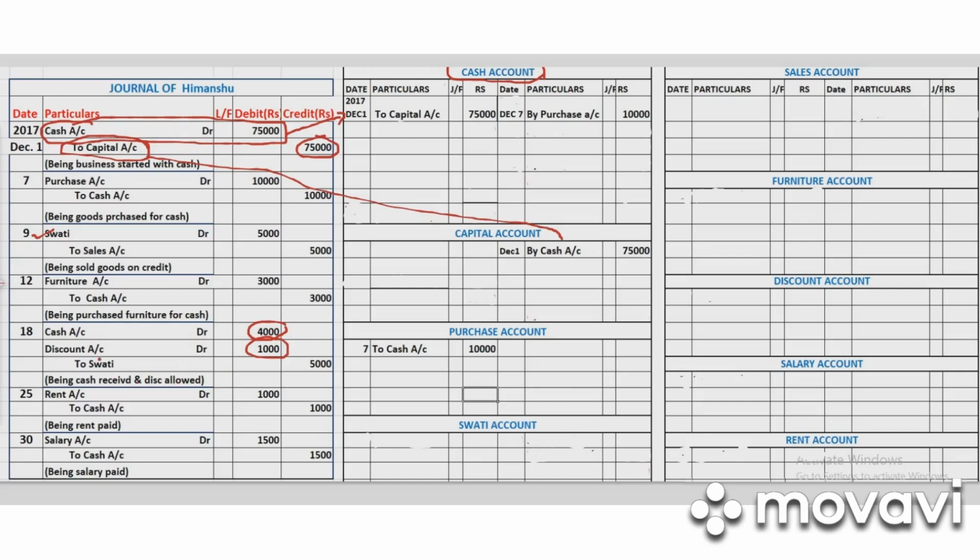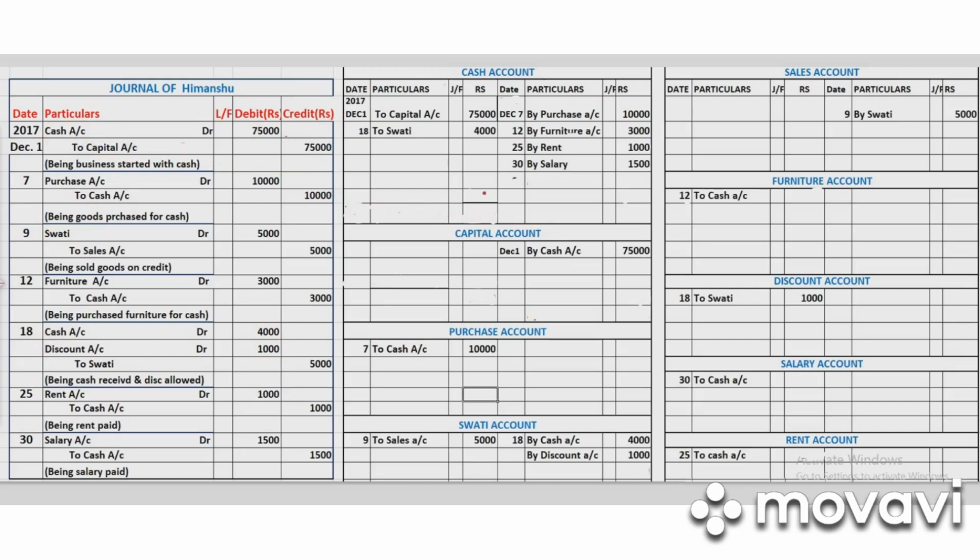Then in Swadhi's account, we write by cash account, by discount account. So I will just show you how all these entries are written now. Now you got a fair idea of how these accounts are transferred from journal to ledger account on the same side but with opposite referral account names. Now I will just show how it is written.